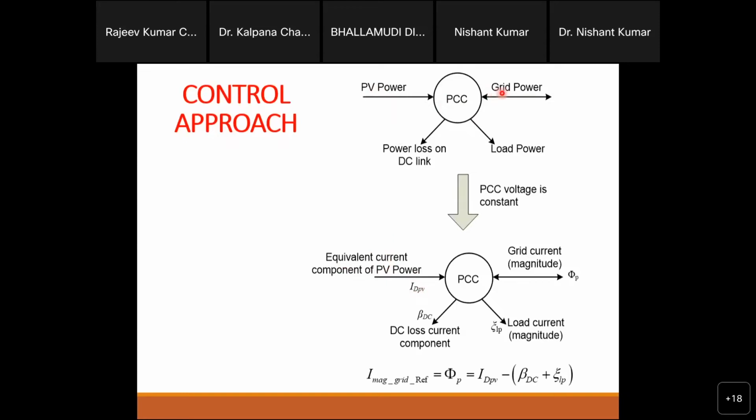Similarly, if I divide the grid power by the grid voltage magnitude, it means the grid current magnitude. Similarly, if I divide the load power by the grid voltage, that will be the load current magnitude. Similarly, the DC power loss will also be called the DC loss current component, like that.